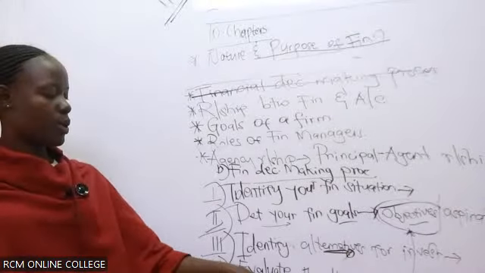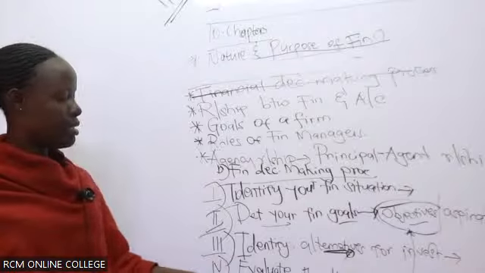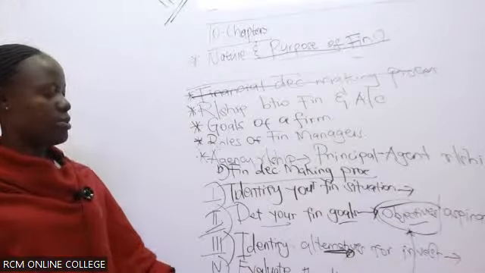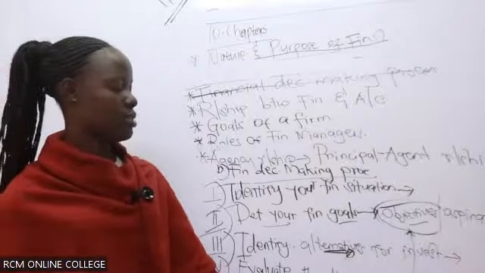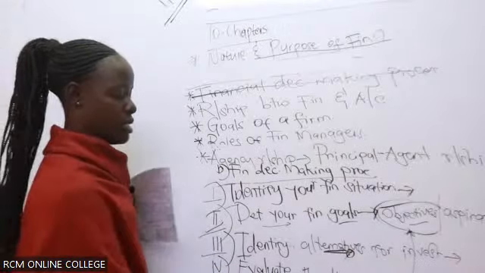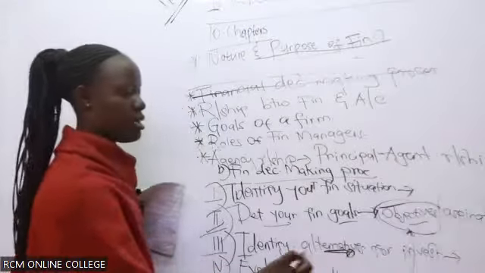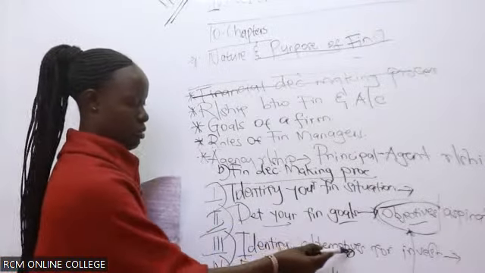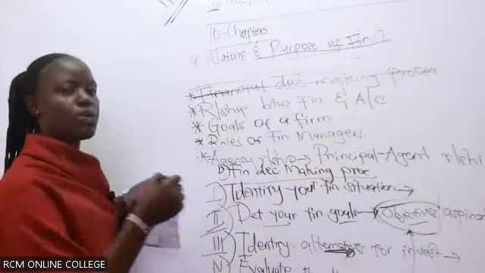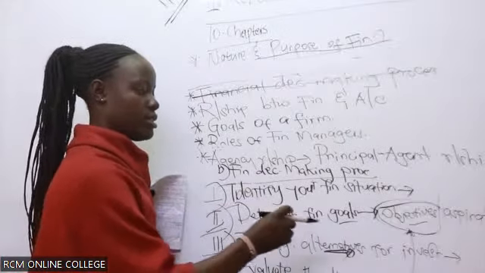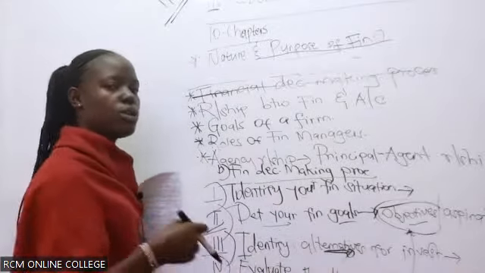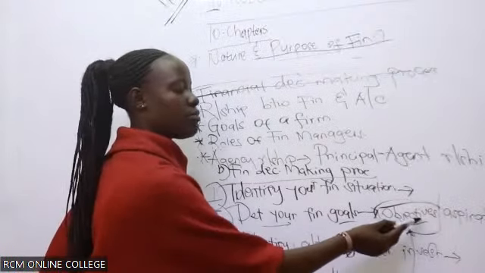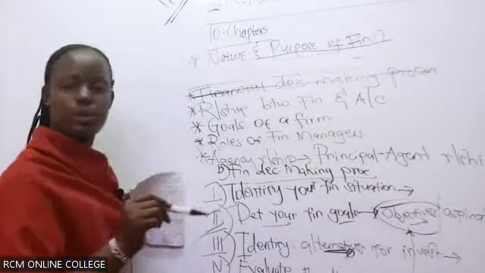You evaluate the alternatives, and you implement the alternative you've evaluated and selected. Then we have the monitoring and control stage, which is the tracking process. You track the progress of your financial decision, whether you're achieving what you had decided, or what improvements you need to make to achieve the financial decisions that you had made.